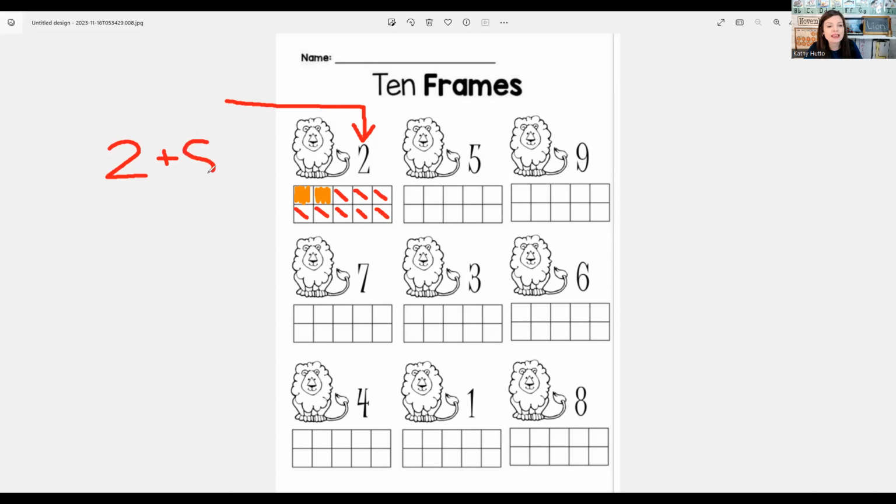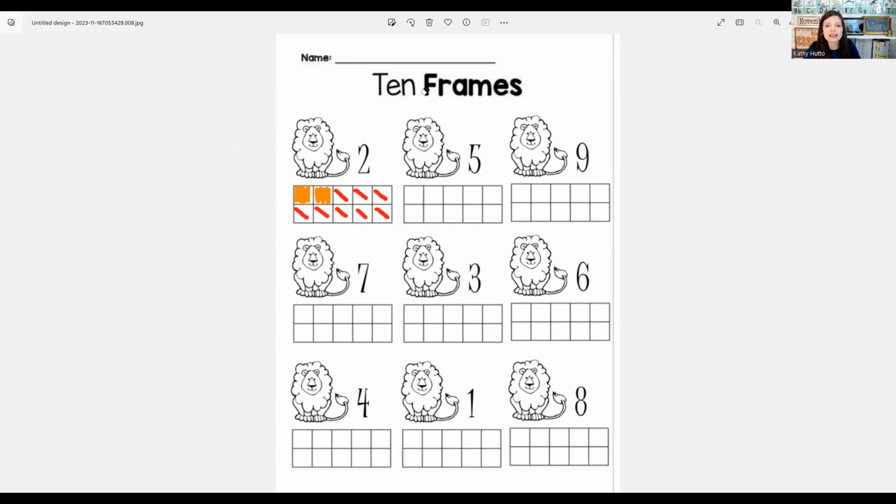So 2 spaces are colored, 8 spaces are not. But all together, I know there are 10 spaces because this is a 10 frame. So that means 2 plus 8 more equals 10. So you can see how using a 10 frame makes adding easier.